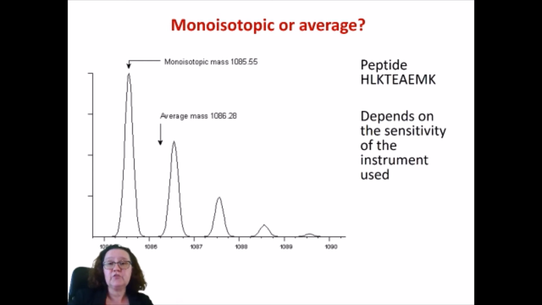For example, this is a mass spectrum of a peptide fragment, 8, 10 amino acids, and the average mass of this fragment would be 1086.28, but this spectrometer is sensitive enough and has good enough resolution that it's giving you the different masses or mass to charge ratios for the different isotopic ions, including the monoisotopic mass, the mass of the compound with the most abundant isotopes.